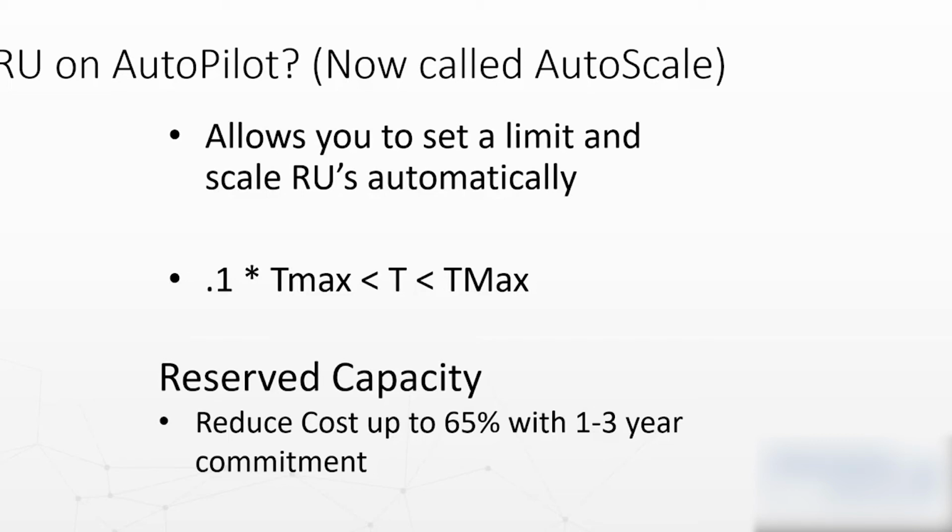So in this case, you could set a max of 4,000 RUs per second, and you only pay for 400 RUs per second unless it goes over that, and then you pay for what you use all the way up to 4,000.